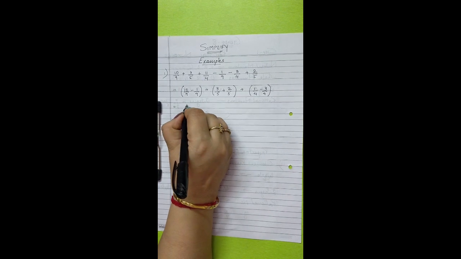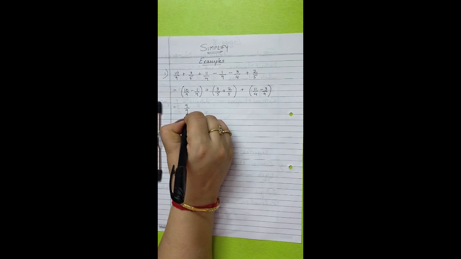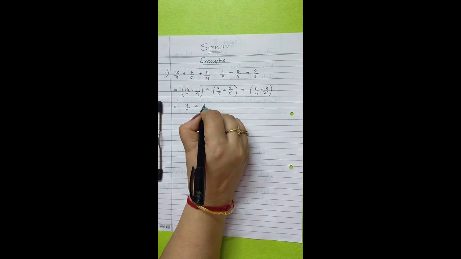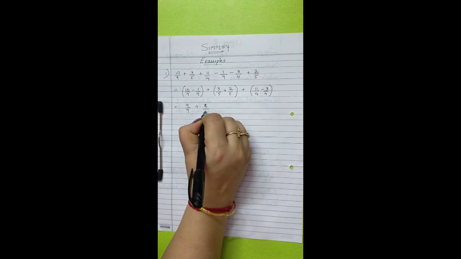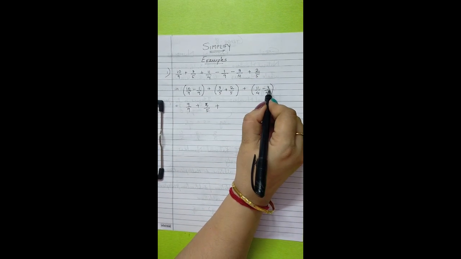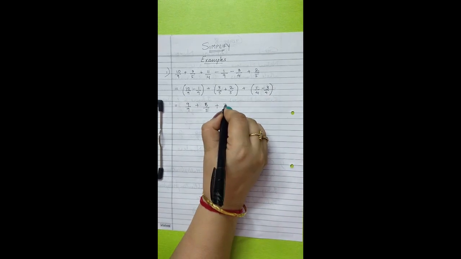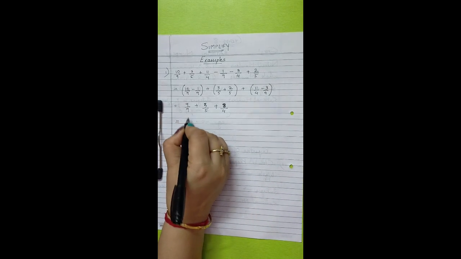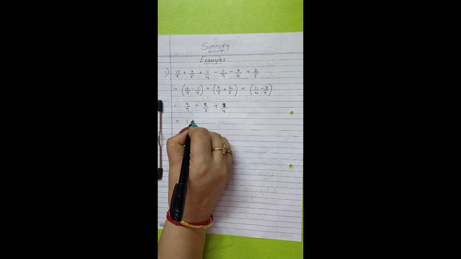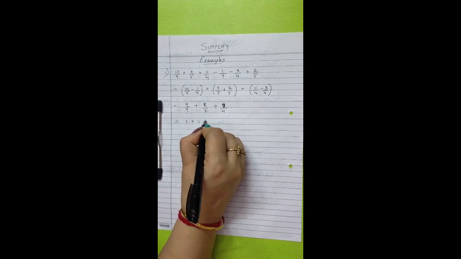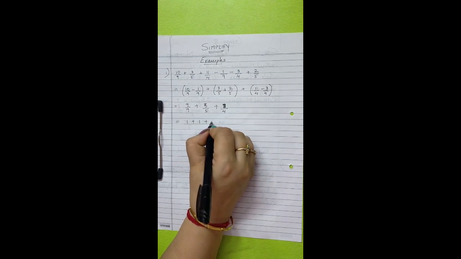So 10 minus 1, this is 9 upon 9. Here 3 plus 2, so this is 5 upon 5. And here 11 minus 3, that is 8 upon 4. Now 9 upon 9 we write as 1, plus 5 upon 5, again we write as 1, but 8 upon 4, that is 2.